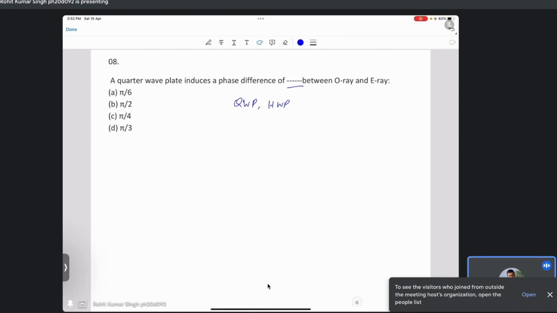Because of that, the light ray which enters the calcite crystal gets divided into O ray and E ray. Calcite is a negative crystal, right? Its refractive index for E ray is less than the refractive index for O ray. So E ray will travel faster than the O ray, correct? And so you will have a path length difference, which in turn gives a phase difference between the two, correct?